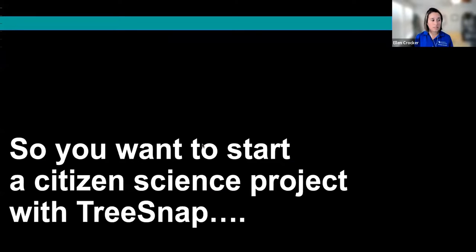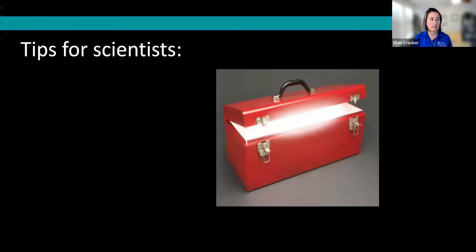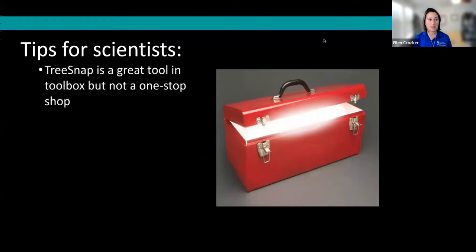So a few tips if you want to start a citizen science project with TreeSnap, and Abdullah will expand on this as well, but a few things that we've noticed that I just wanted to lay the foundation on is that we really encourage people to think about TreeSnap as a great tool in the toolbox, but not a one-stop shop.